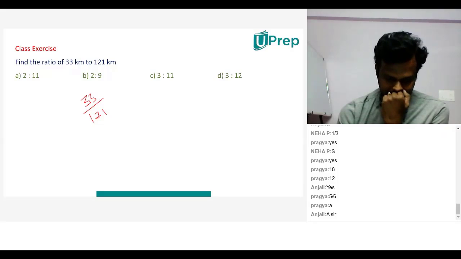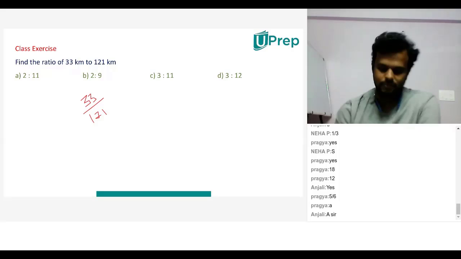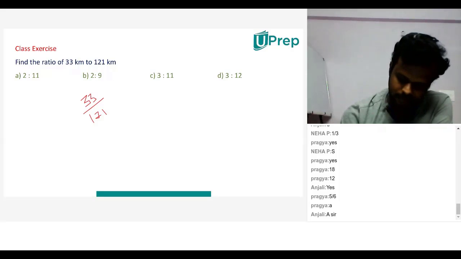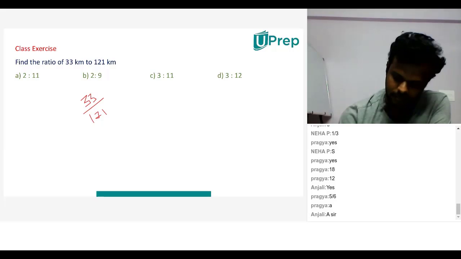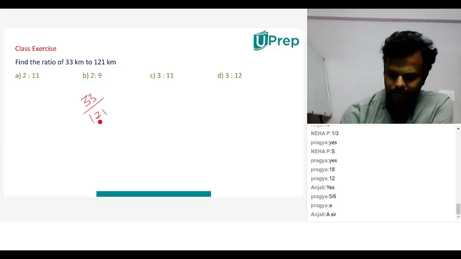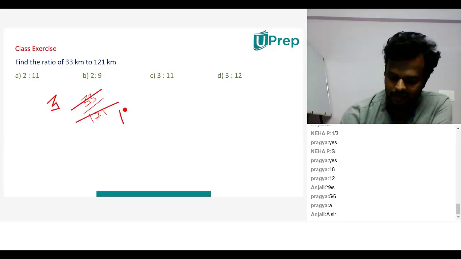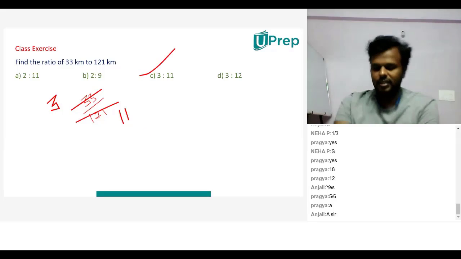Sir, firstly, I didn't get common factor. So we have 3, 11 also. No, 3 is not a common factor for both of them. 11 is the common factor. So this is 11 threes are 33, this is 11 elevens are 121. So children, the answer is option C.